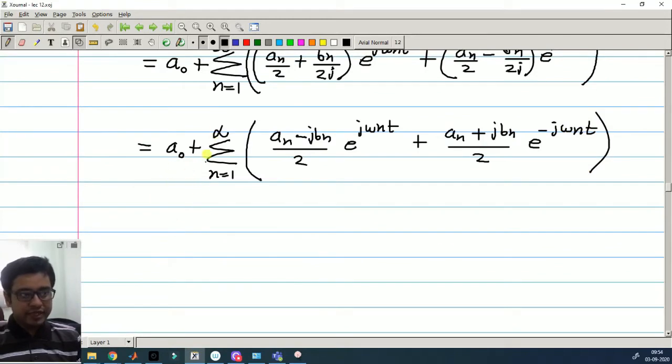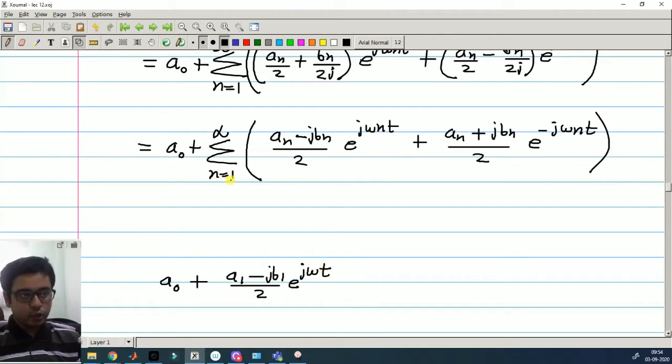Now let me expand this sum like this. a0 plus, for n equal to 1, from the first term I will get (a1 minus jb1) by 2 e to the power j omega 1t.